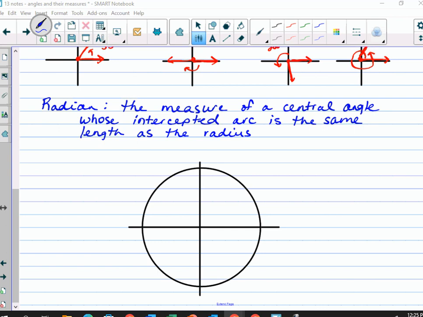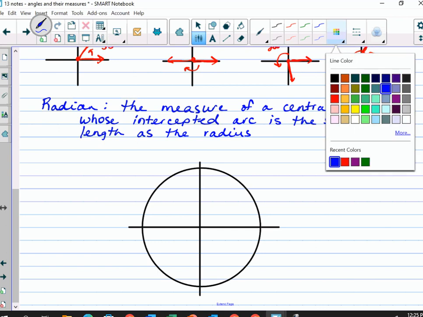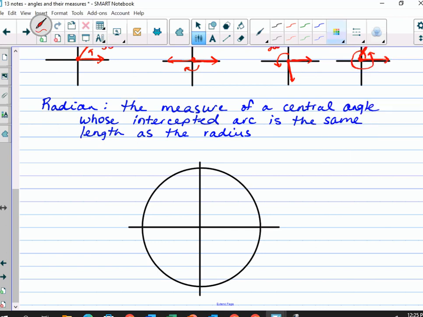All right, anybody, what is a central angle? Are we doing it for more too? Yes. So the angles we've drawn, the point is 0, 0. Yep, the origin is where your vertex is. So a central angle is on the vertex here. So that's a central angle. Okay, do we know what an intercepted arc is?